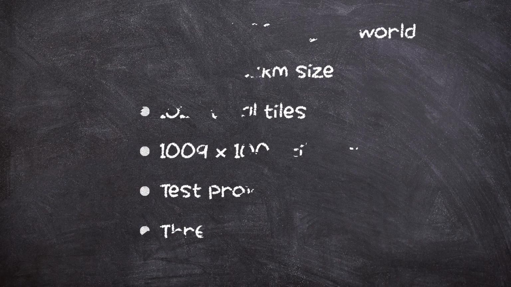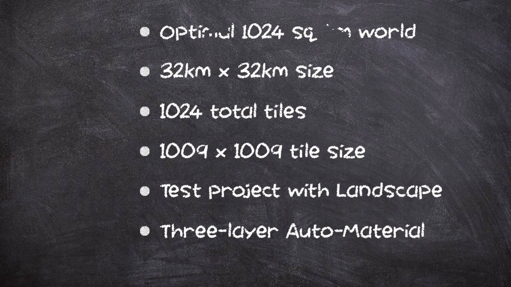The optimal 1024 square kilometer world that is using 32 by 32, or 1024, 1009 by 1009 tiles has the following specifications on my test computer. The world contains only the height map tiles and a 3-layer auto material.